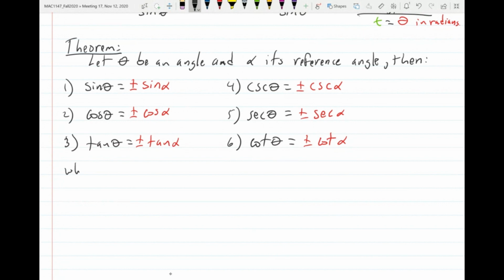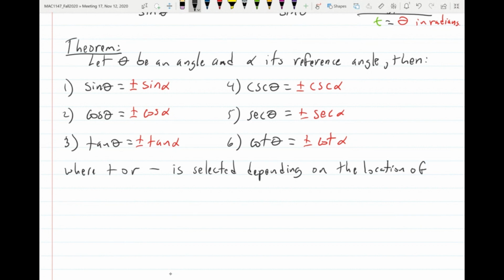So let me say here that the plus or the minus is selected depending on the location of the angle theta. And by location, remember, it is whether it's in quadrant 1, 2, 3, or 4. Okay? All right. Questions on the statement of this theorem?